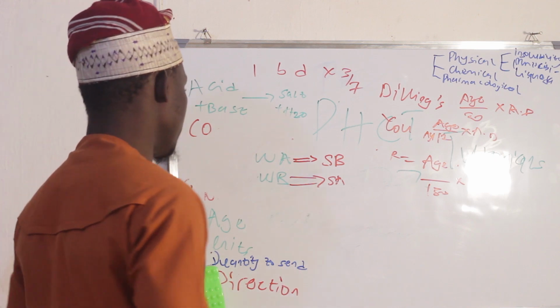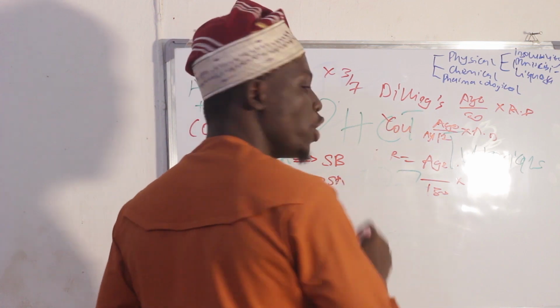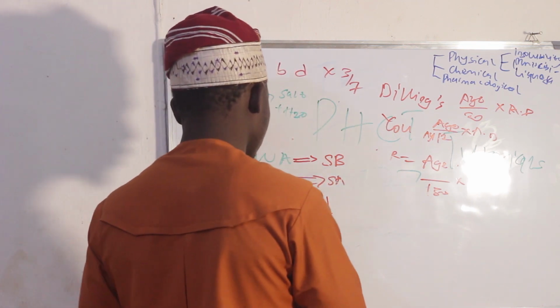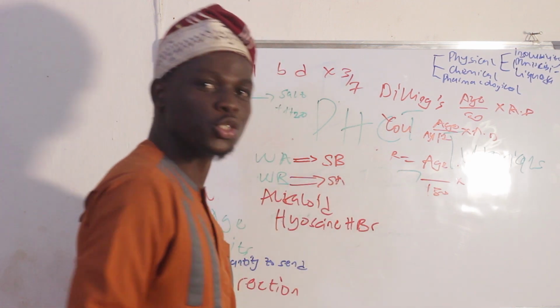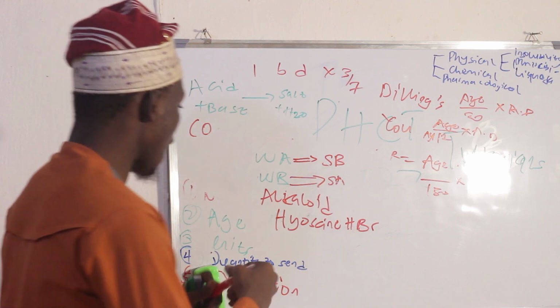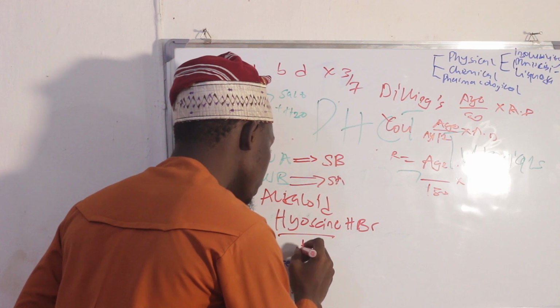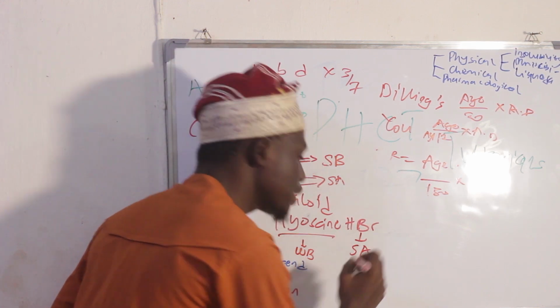Let me give you a practical example. Alkaloids, for example. We all know that alkaloids are weak bases. So let's say we have emetine hydrobromide. What does this tell you? It tells you that the emetine is the weak base, but the HBr is a strong acid.